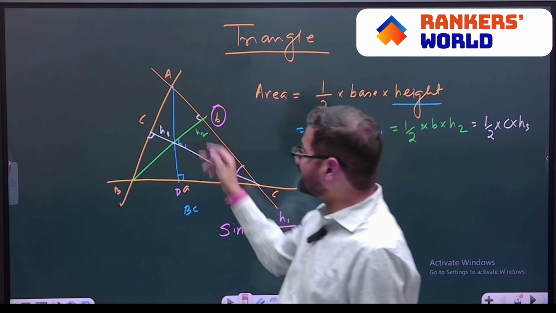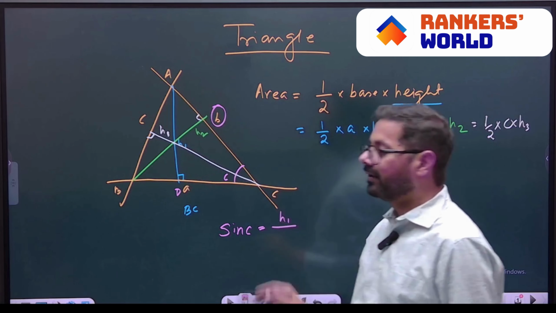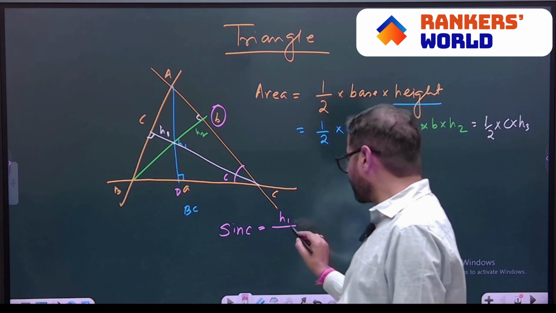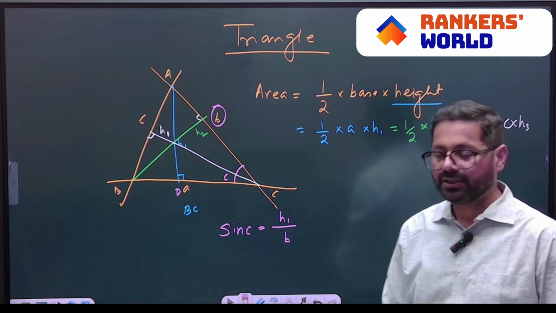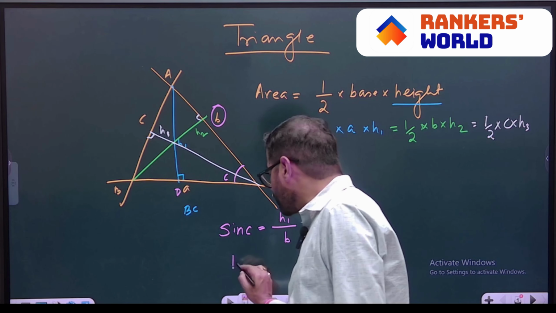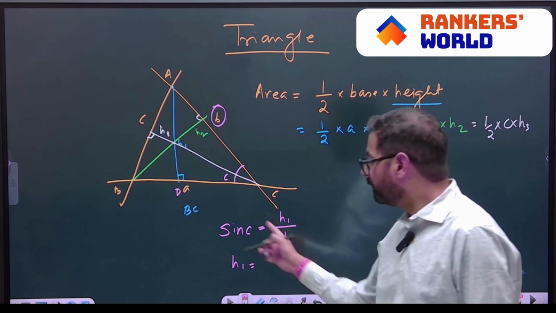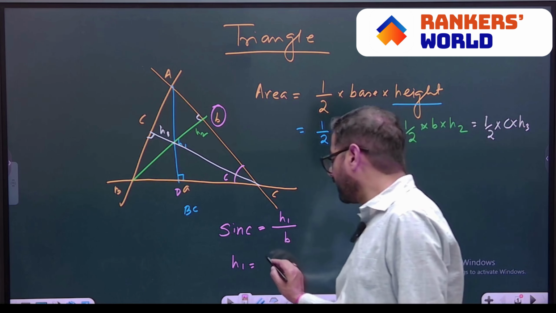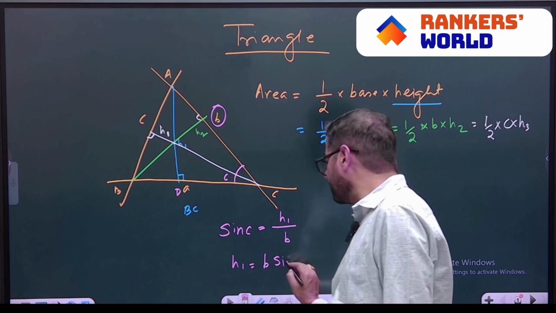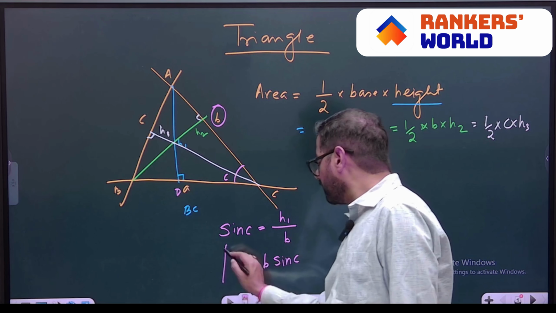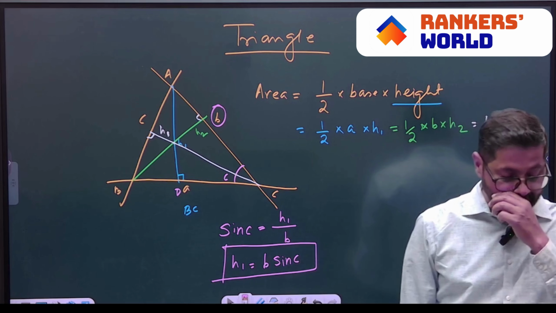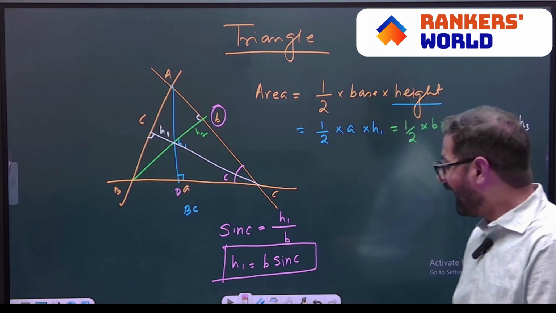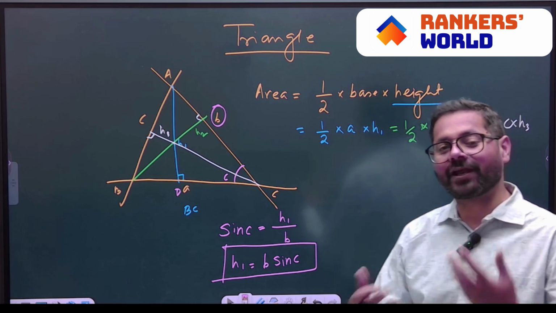We say sine C is perpendicular divided by hypotenuse. So I'll be writing H1 by B. What is the value of H1 in this case? B goes to the other side. I can write it as B sine C, and I can make this the value for H1.